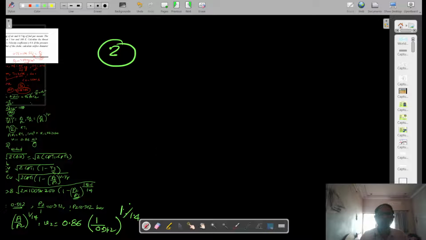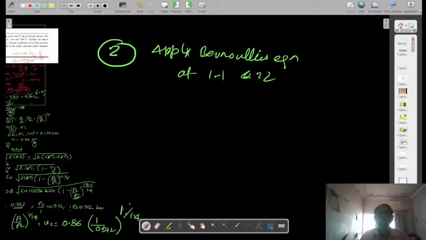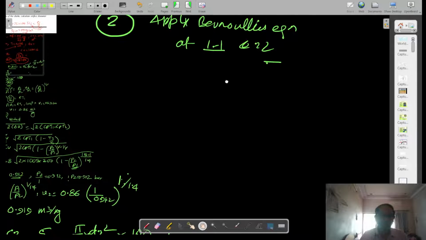So again, we apply Bernoulli's equation at sections 1-1 and 2-2. 1-1 means the entry of the carburetor, and 2-2 means the section at the throat of the venturi, where there is the fuel orifice.